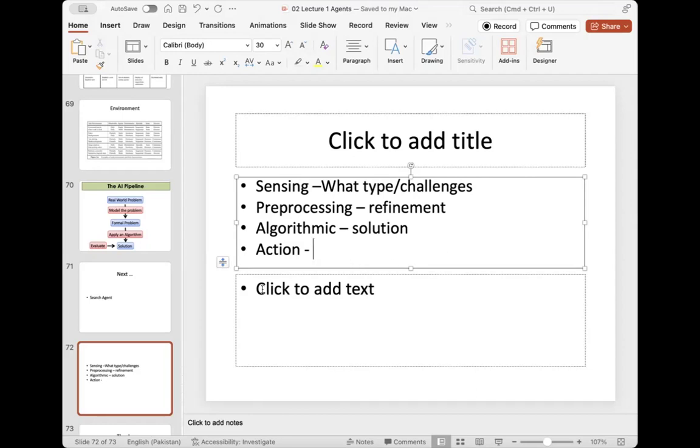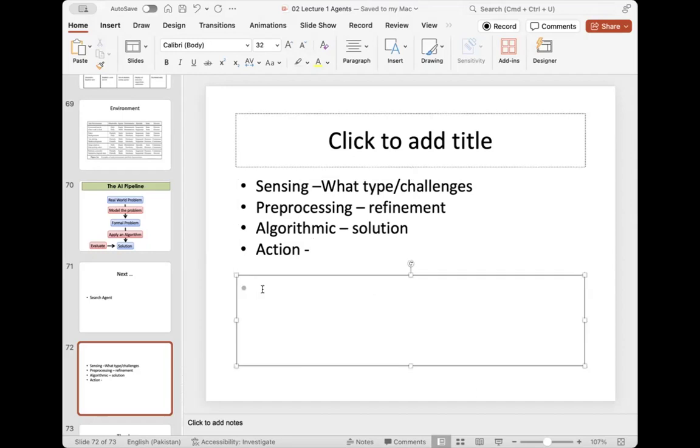Okay, and the next most important thing is the environment. You need to determine what type of environment you are operating in, right? Now this is very important.